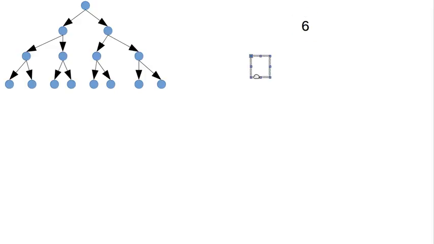And so the value at 6 called itself with 5, which called itself with 4, which called itself with 3, which called itself with 2, which called itself with 1.